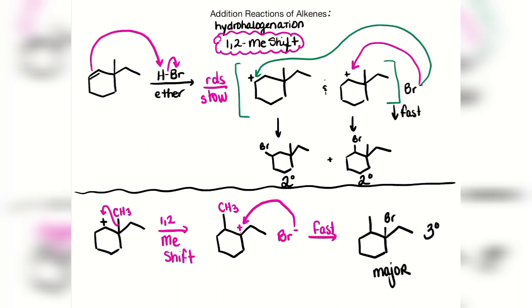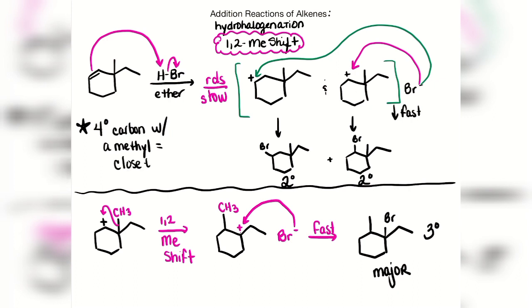And again, the best way to notice it is to see a quaternary carbon with a methyl. And where will this be? It will be close to the double bond. And that's always. So those are your little things to make sure you understand.